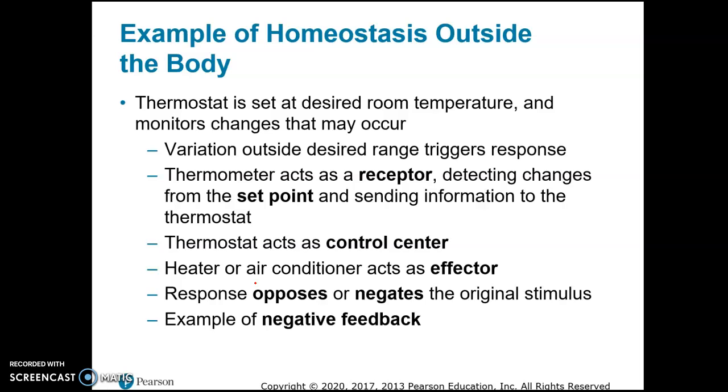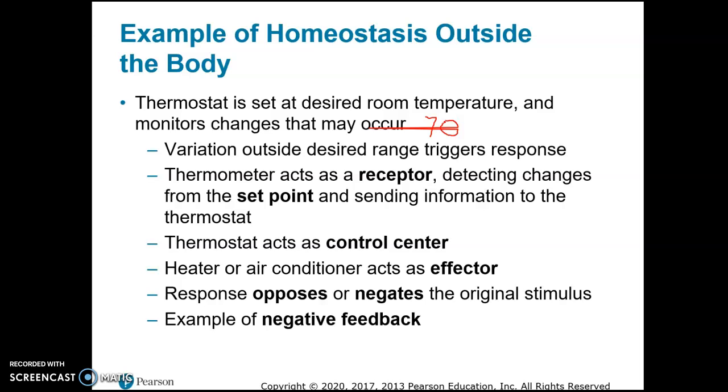Some people like it cooler, some people like it hotter, but we'll just say 70 degrees. But anyway, what happens with the thermostat is that it detects the changes in the temperature.